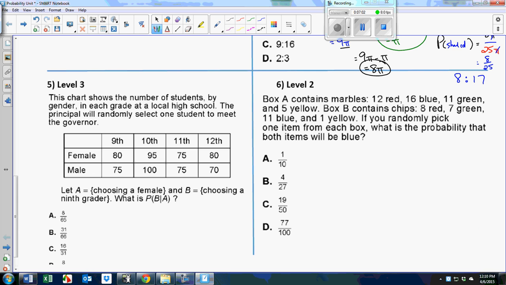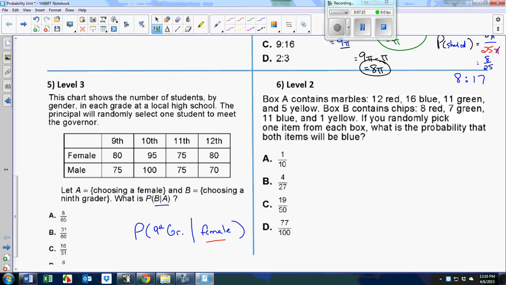The chart shows the number of students by gender and grade at a local high school. Find the probability of B given A. Find the probability of a ninth grader given that it was a female. All right, so you start with the given, remember that. Start with females.